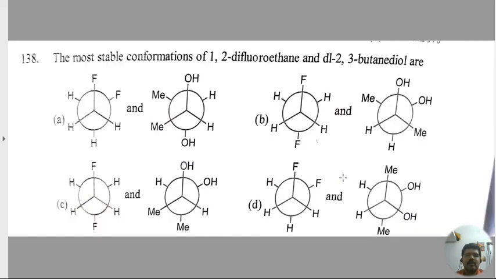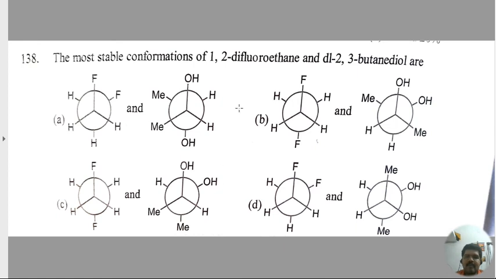Now, next question, the most stable conformation of 1,2-difluoroethane and DL-2,3-butanediol. For butanediol, the OH groups should be gauche for the formation of a hydrogen bond, which is happening here, but not in this one, so this option is not right. It is happening here in option B and option D also, and in option A as well.